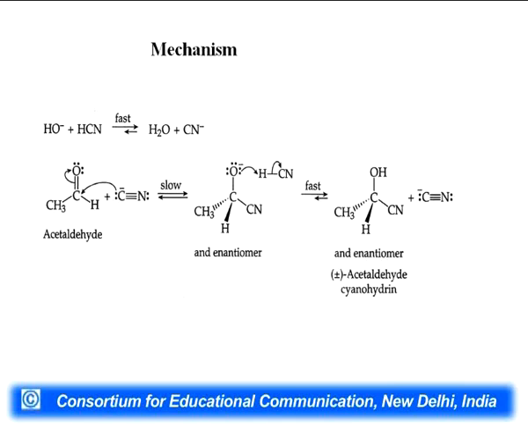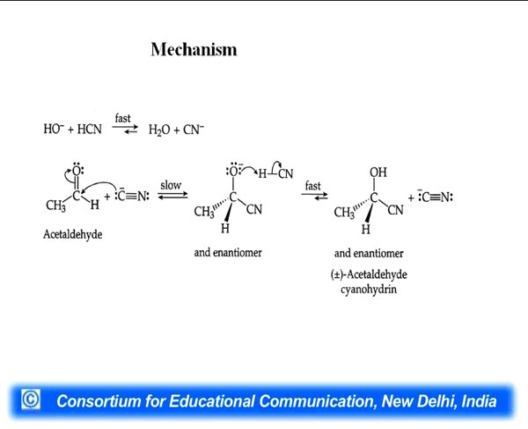This is the mechanism of the addition of hydrogen cyanide in alkaline medium. First of all, hydroxyl ion will react with hydrogen cyanide to produce the active nucleophile, CN minus, as we have already stated. This nucleophile then attacks the carbonyl carbon, and there is a formation of an enantiomer, then the hydrogen ion attacks the oxide ion, and we get acetaldehyde cyanohydrin.